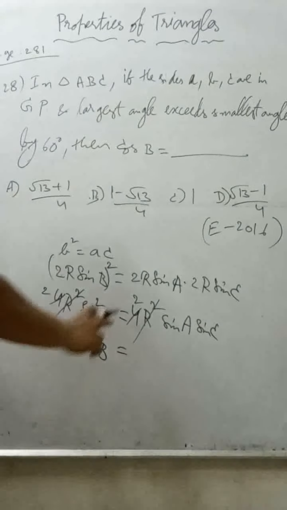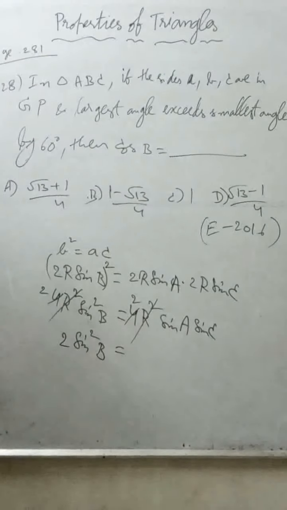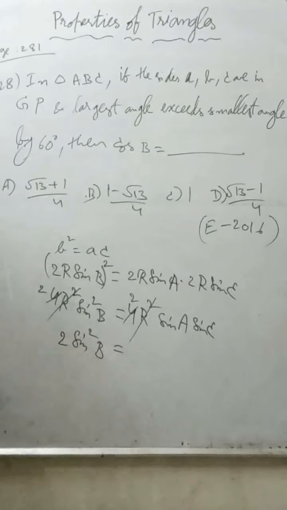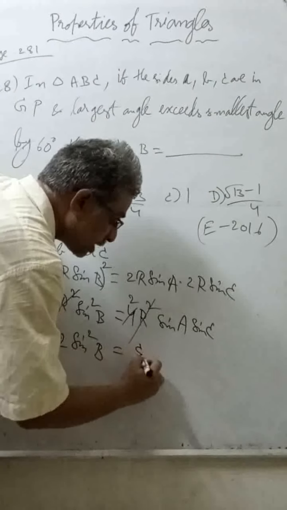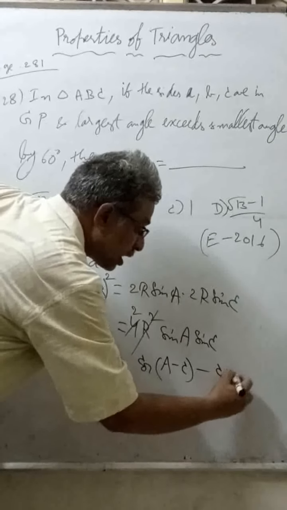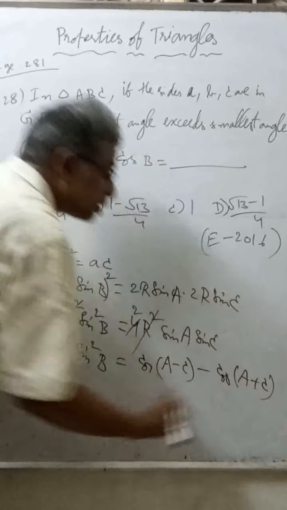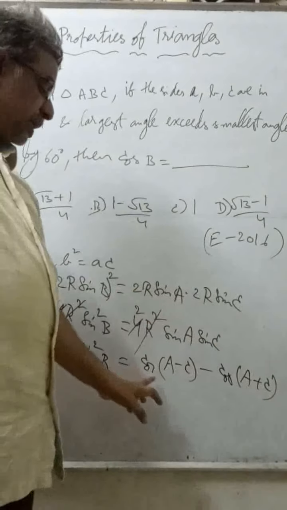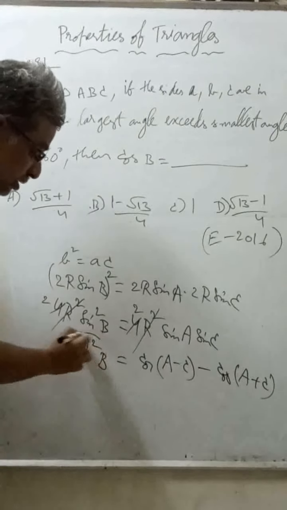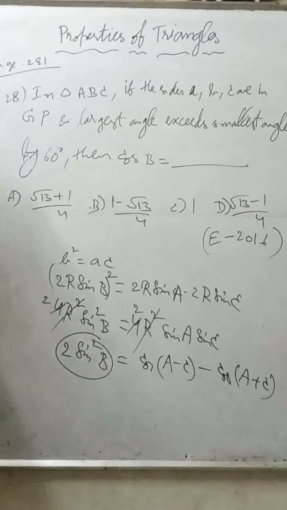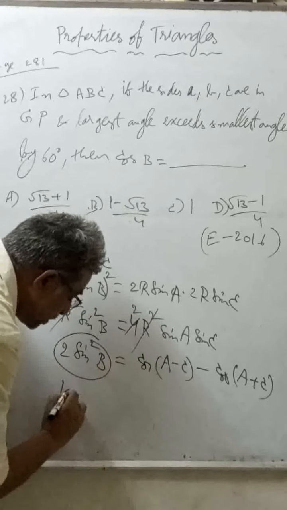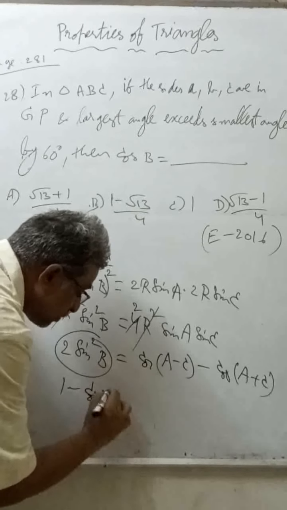How can I write 2 sin A sin C? Using the formula 2 sin A sin B is cos A minus B minus cos A plus B, I am writing cos A minus C minus cos A plus C. Now 2 sin square B, how can I write? I can write 2 sin square B as 1 minus cos 2B, by the cos 2 theta formula.